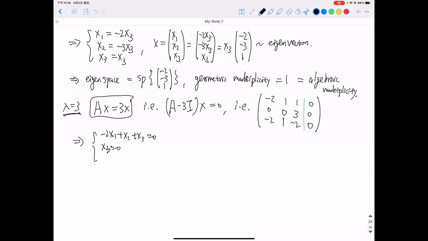It doesn't really matter what the third equation says, because x3 being 0 turns the first equation into minus x1 plus x2 equals 0, which is just saying that x2 is x1. X1 is still x1. X3 is still 0.